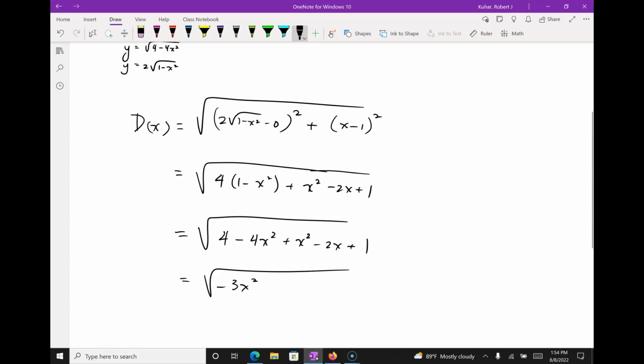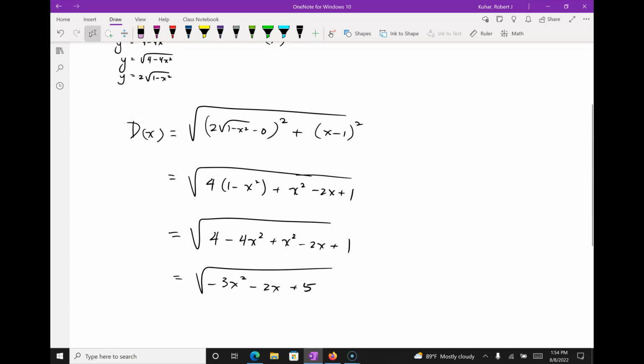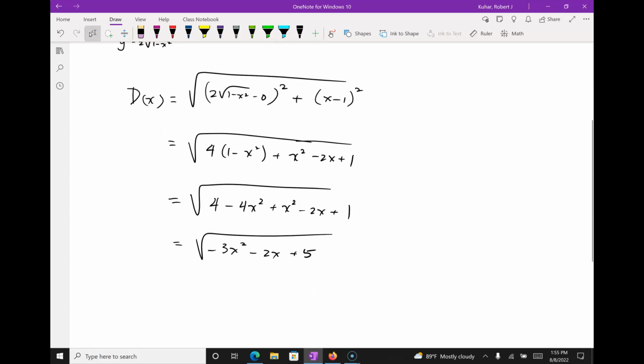So we get negative 3x squared minus 2x plus 5. Okay? So d prime of x is what? Negative 6x minus 2 all over 2 square roots.